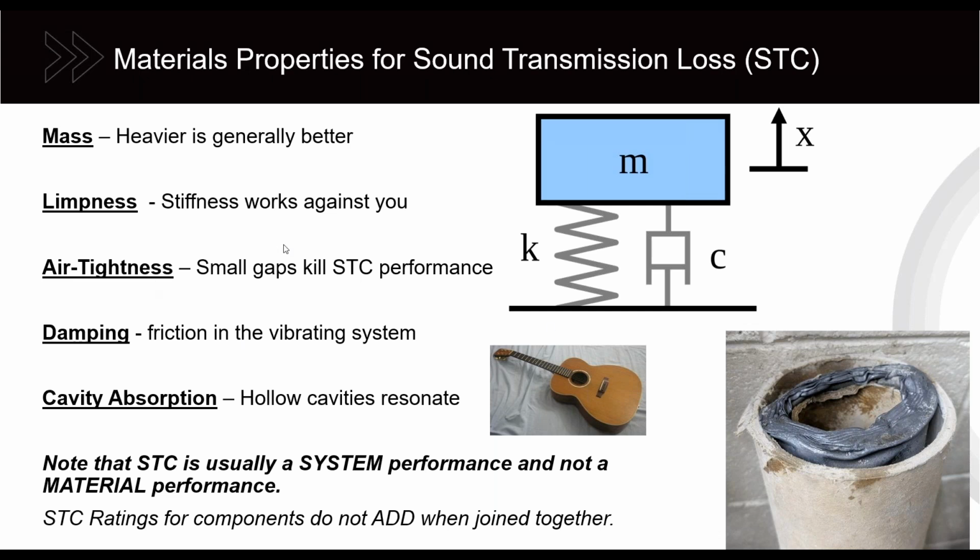Limpness, so this one's often counterintuitive, and we'll hit on this in a couple of different ways. But stiffness works against you generally for sound transmission loss. So stiffness is not your friend for sound transmission loss generally. This photo in the bottom right is a material that's been in our lab for decades. This is lead.